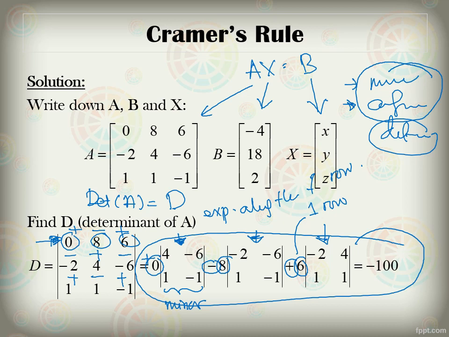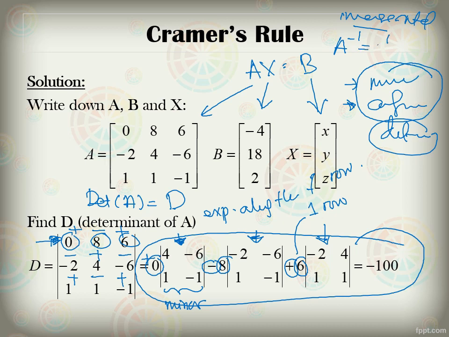Unless you use the first method, which is the inverse method, to solve the system, then yes, you need to find minor and cofactor, because the inverse method involves A inverse.